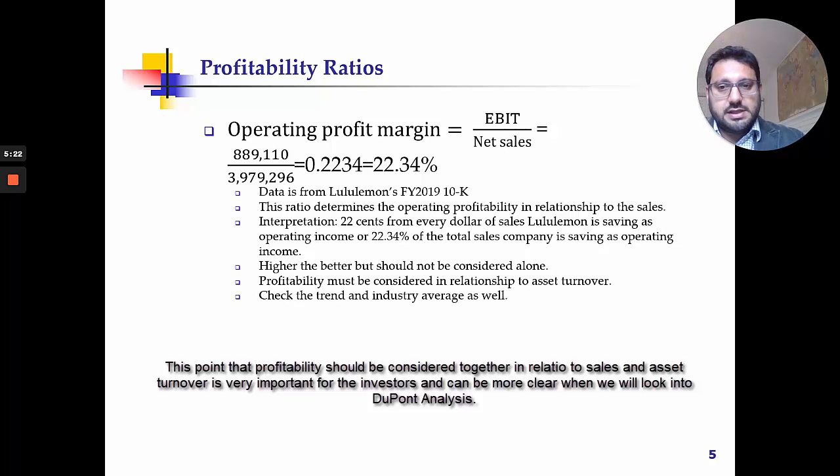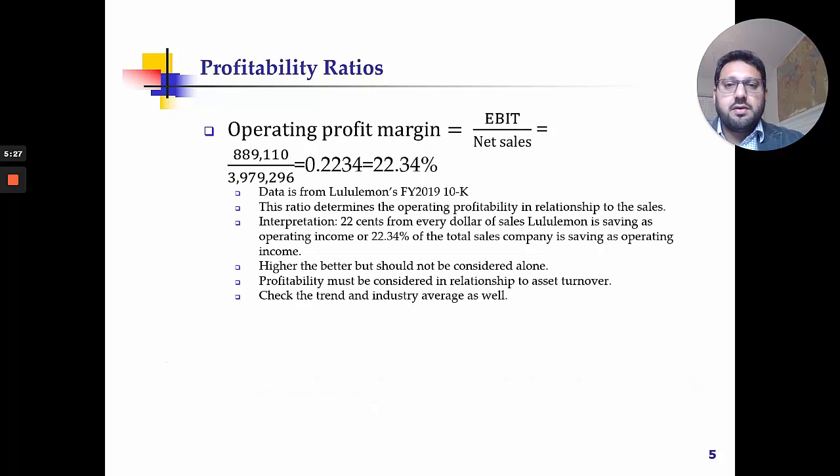Again, check the industry averages and check the trend, whether over the period these numbers are increasing. It is good if the trend is positive, as it means the company has squeezed down the operating expenses and maybe the cost of goods sold for some reason. But it is not always good for the cost of goods sold to be squeezed a lot, because that shows there is a lot of margin, and a lot of profit margin may reduce the sales.